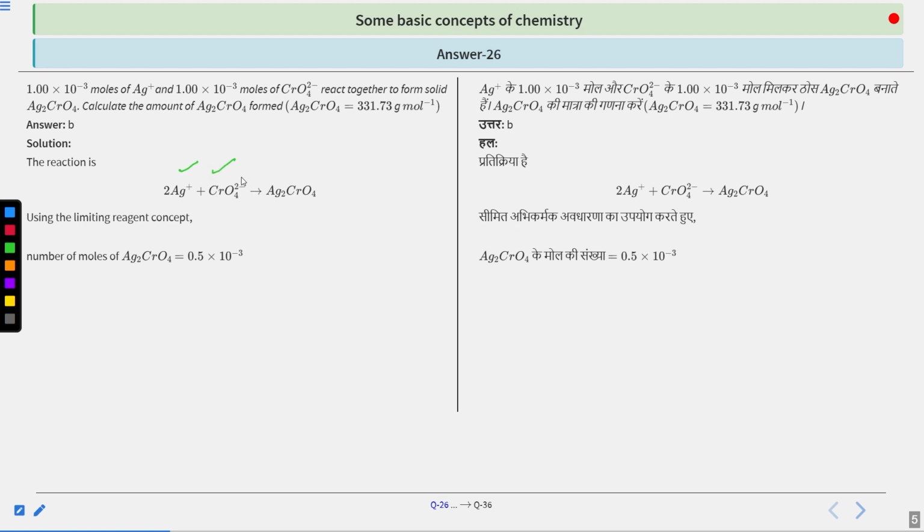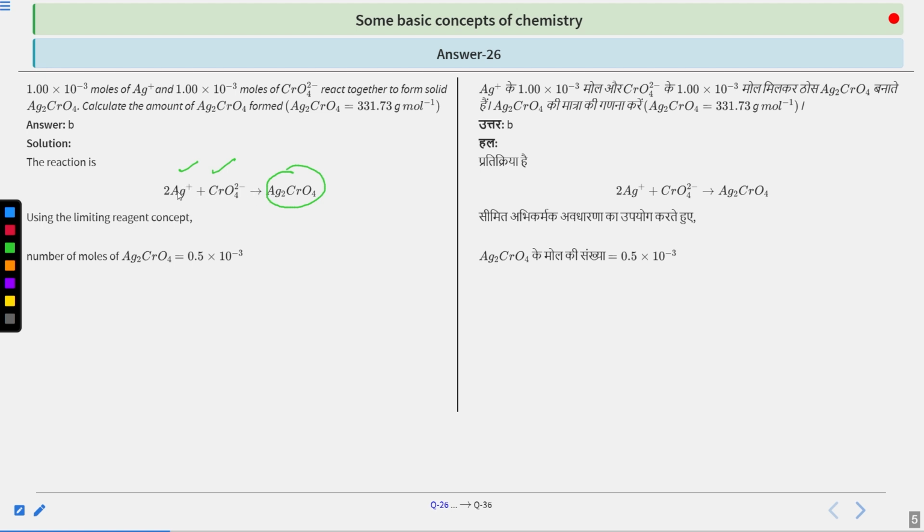The remaining CrO4 2 minus will be left in the solution mixture. And according to this equation, if we divide by 2, then if 1 mole of Ag plus is reacting, half mole of Ag2CrO4 will be formed. Similarly, if 1 into 10 to the power minus 3 is reacting, then 0.5 into 10 to the power minus 3 moles will be formed. Clear? Now let us take the reverse way.